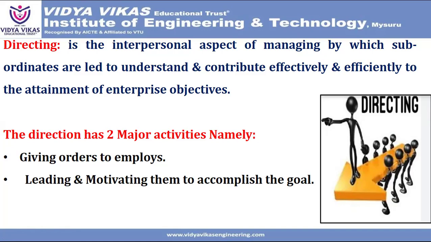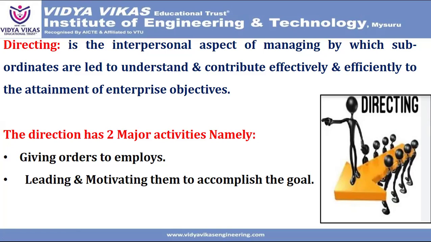Subordinates need to understand the policies, procedures, rules, regulations, and directions, and contribute efficiently and effectively to the attainment of the objectives of the enterprise or company. This is directing. Here our manager will direct, lead, motivate, and give instructions to the subordinates in order to attain the objectives of the enterprise.